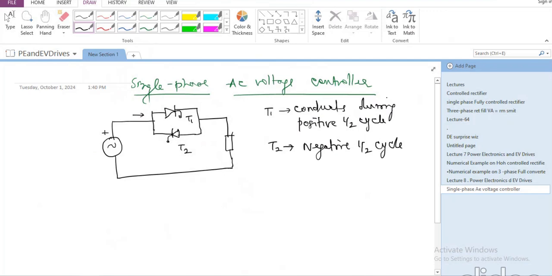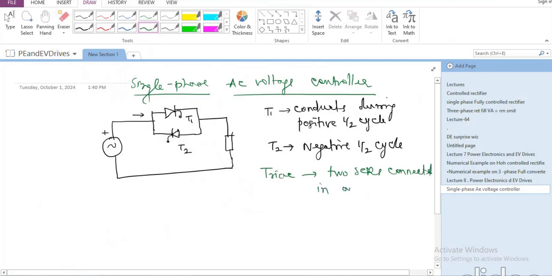When you have two specific thyristors as individual devices, you are connecting them in anti-parallel. Rather than this, you may have a device called a triac, which consists of two SCRs connected in an anti-parallel configuration.